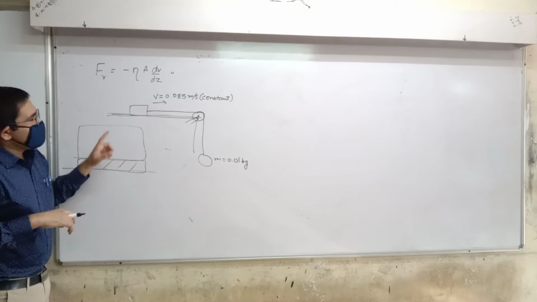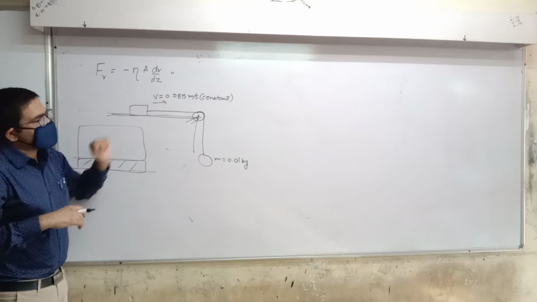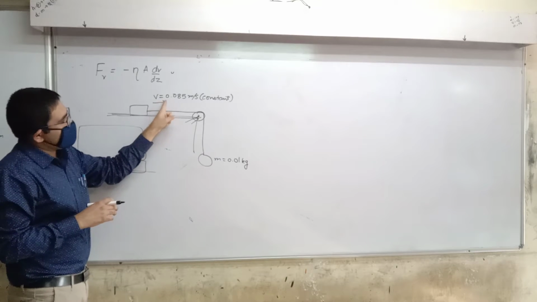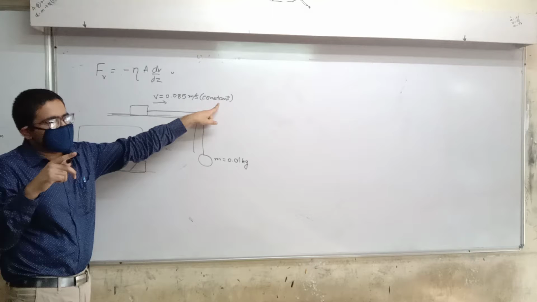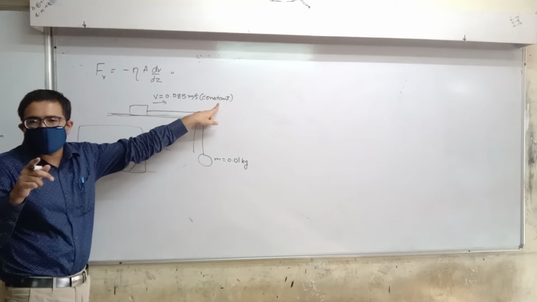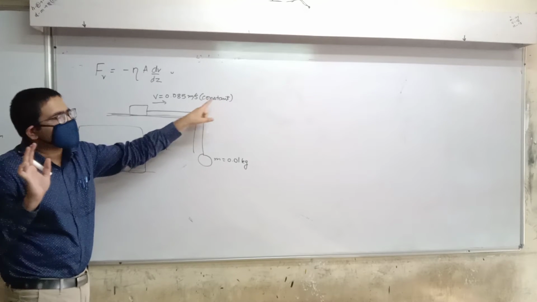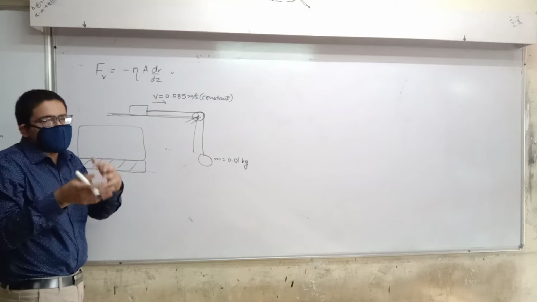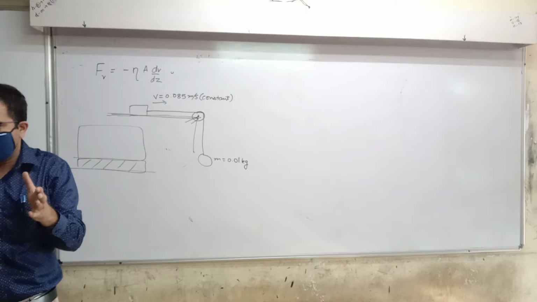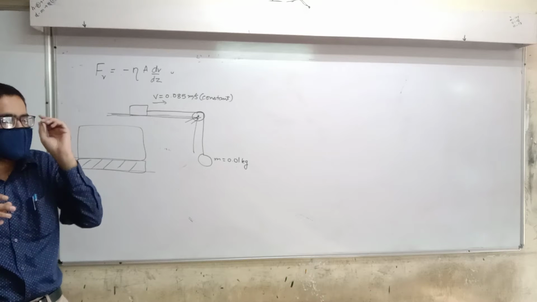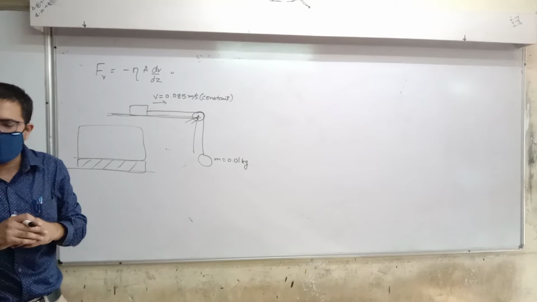Yes. But this question is slightly different. Look at this. Acceleration is 0. Understood? Yes. Acceleration is 0. So we will draw the FBD once again and all the forces should be balanced. Do you remember that when all forces are balanced and they cancel each other, the acceleration becomes 0.